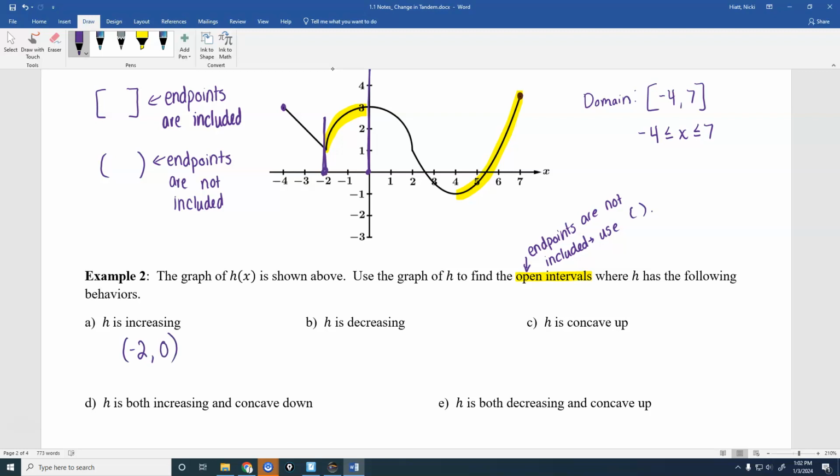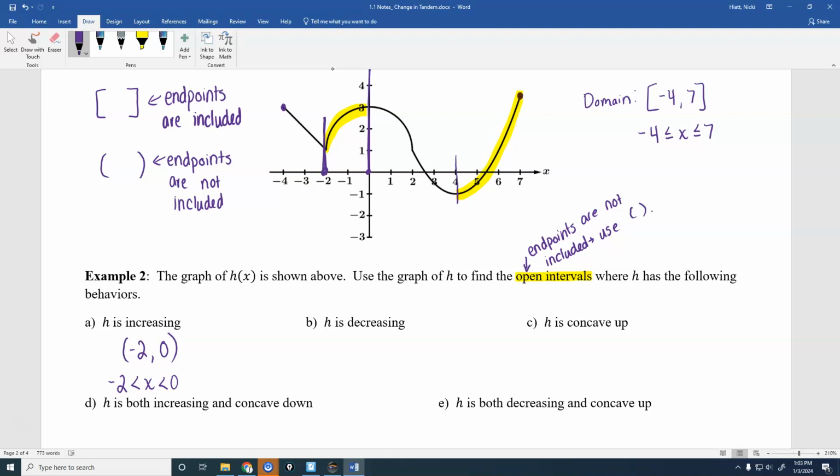That also can be written this way, -2 less than x less than 0. We're probably going to use interval notation a lot more. That's the parentheses and the brackets. But that second notation is also valid, so we need to be familiar with both of those. All right, so that's the first place where we're increasing.